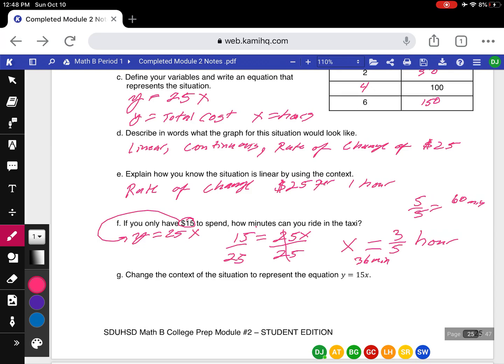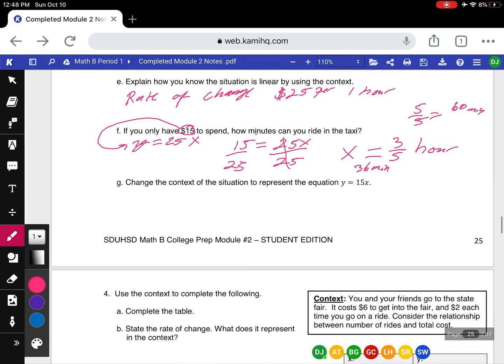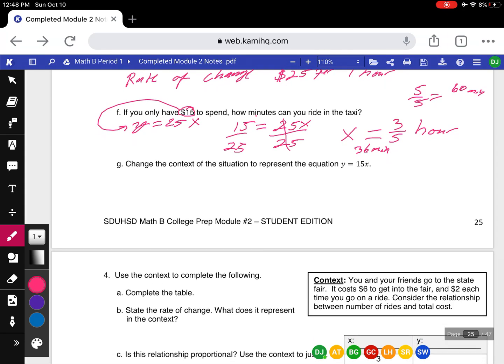That's a tricky question, so let's just leave it as 3/5 of an hour, which is what I will accept. Now change the context. And that means every 25, this taxi charges $25 per hour.